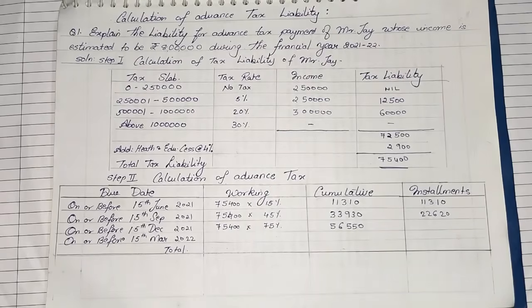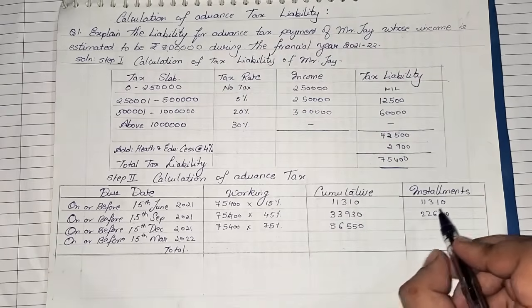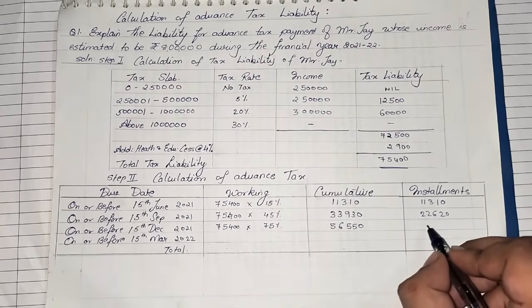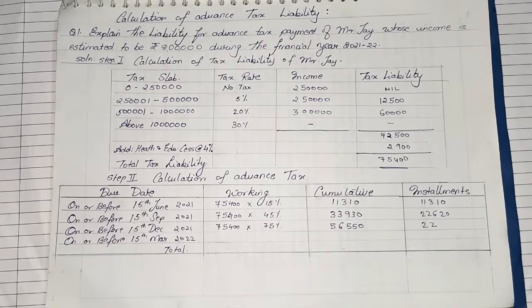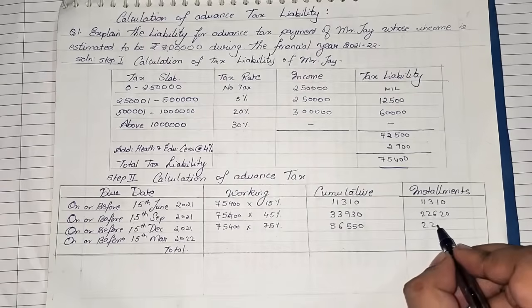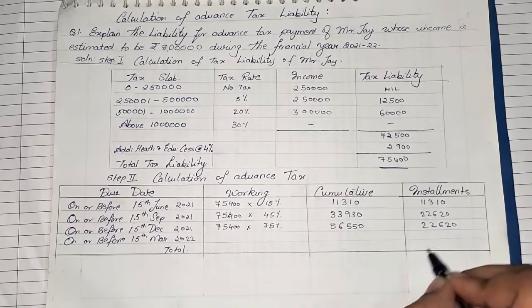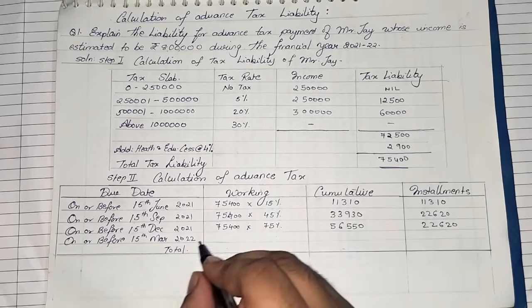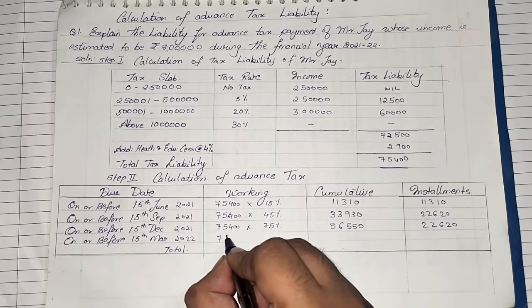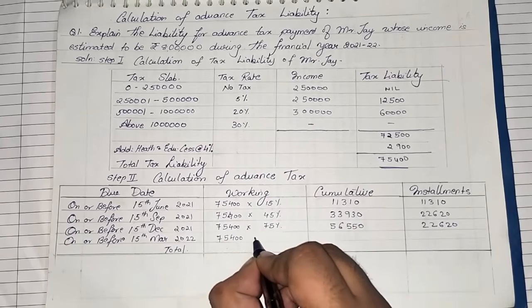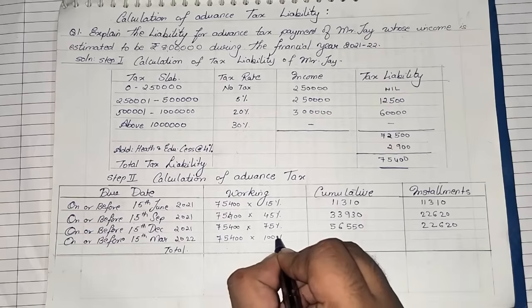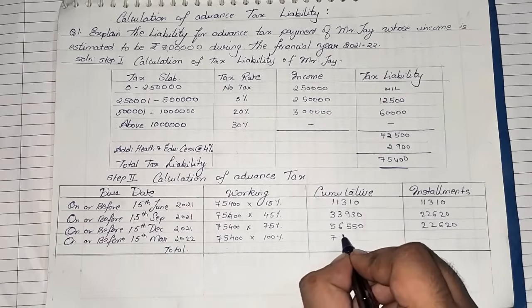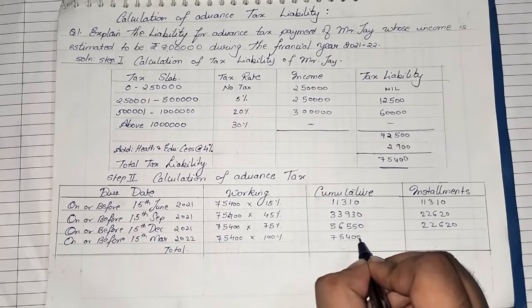You minus 33,930, that's the cumulative of the previous amount, and you will get the installment value, which is 22,620. And the last, if it is paid on or before 15 March, it will be the full value that you will have to pay, that is into 100%, which is again 75,400.